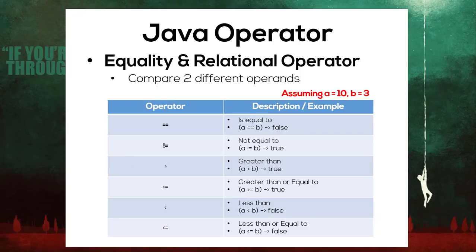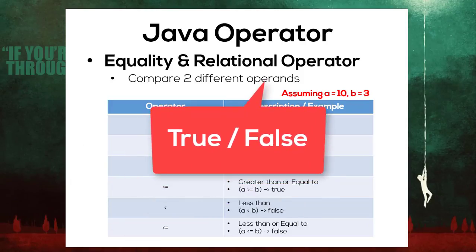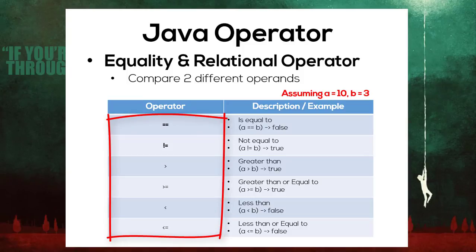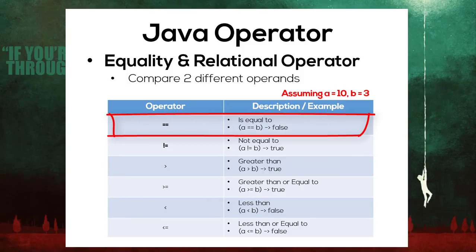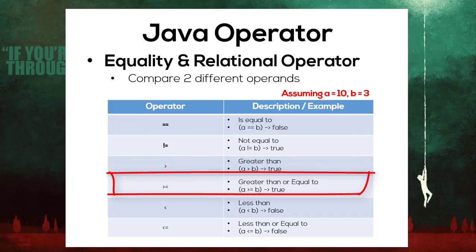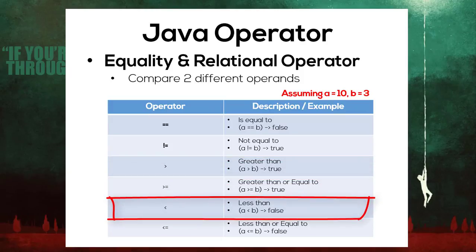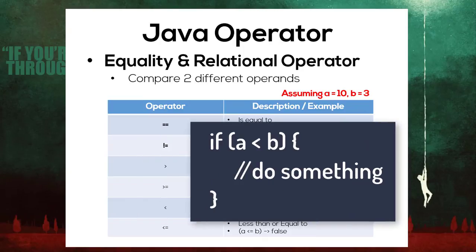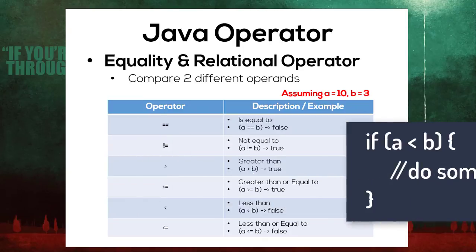The equality and relational operators are quite straightforward as well, where they are used to compare two different operands and the returned result will be a boolean value. The Java programming language basically provides us with 6 different equality and relational operators, which include is equal to, not equal to, greater than, greater than or equal to, less than, and lastly less than or equal to. Usually these operators are used together with the conditional statement, which we are going to cover in more detail in a later episode.